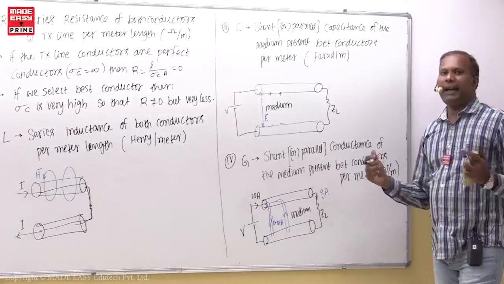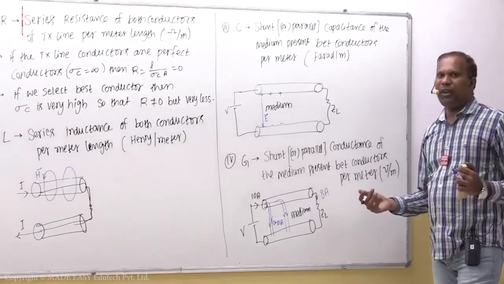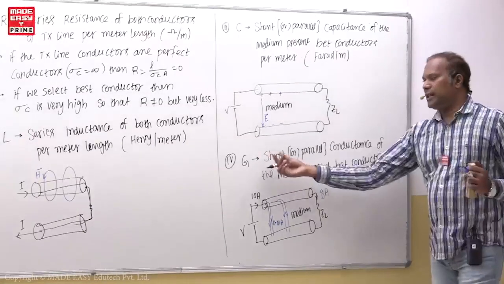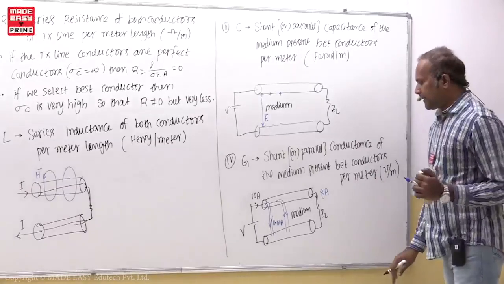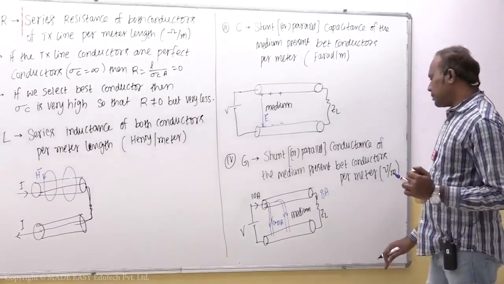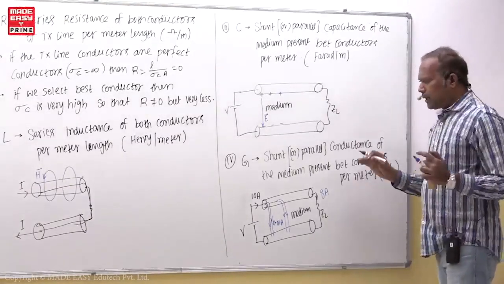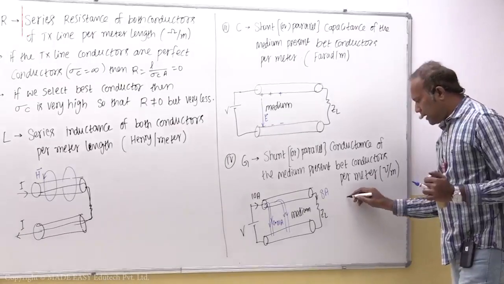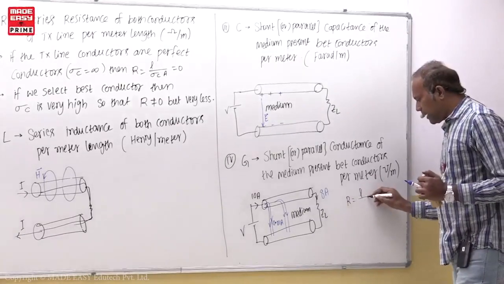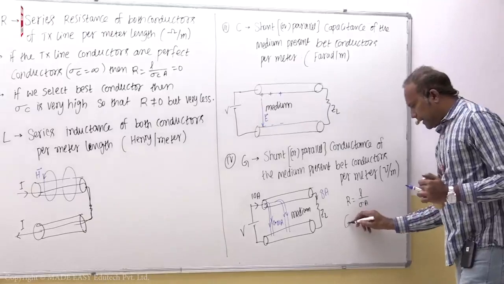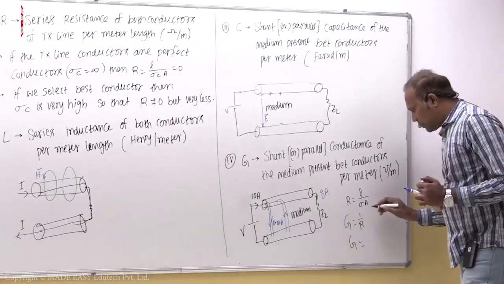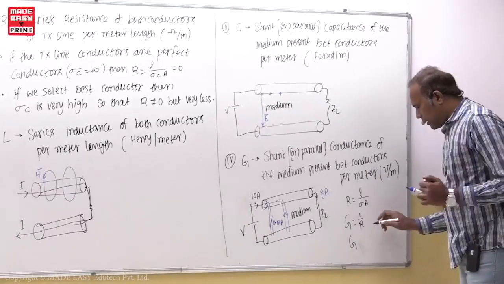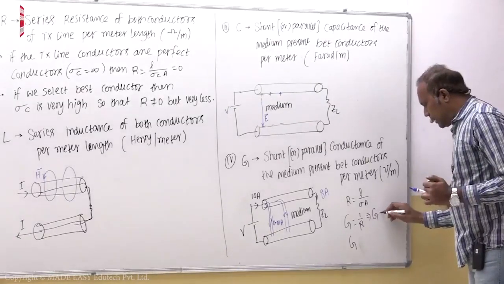Due to the I1 current going in a small length vector called dl bar, a differential length vector, wherever you select this differential length vector, that is called point 1 location. That means at point 1 location you have selected a differential length vector, so we are calling it dl1 bar, the differential length vector at point 1 location.